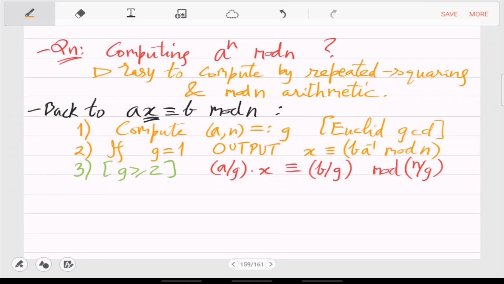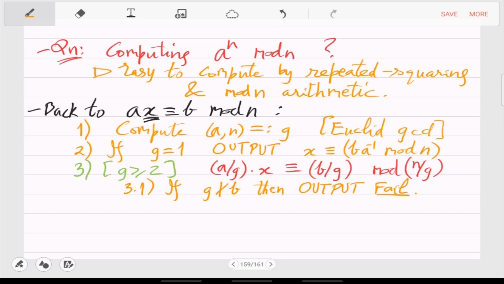Yeah, I mean, B can be, for example, 1, right? Then you cannot divide 1 by 2. So when you cannot divide, what happens? Exactly. So if G does not divide B, then your output is fail. Okay, so then somebody tricked you, you were given an equation which has no solution.